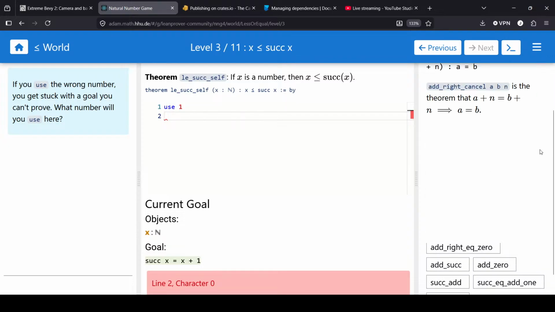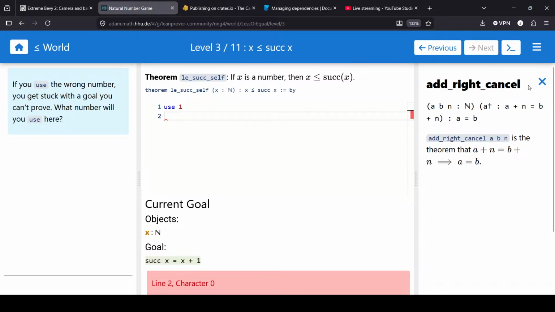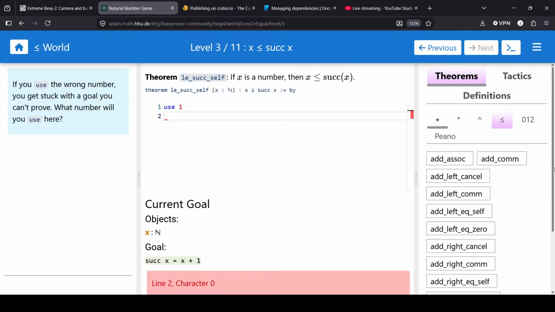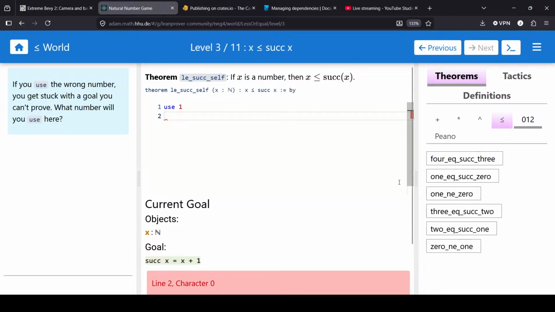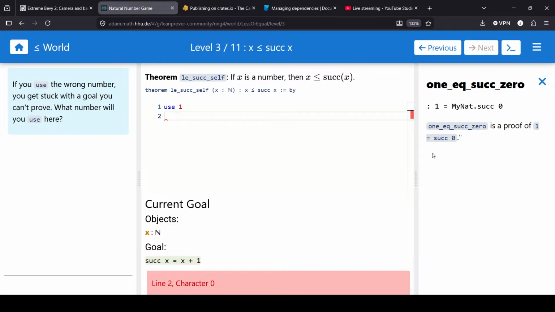Is add right? Or do I need to unfold? No, not you. Is it 1 equals suck 0?